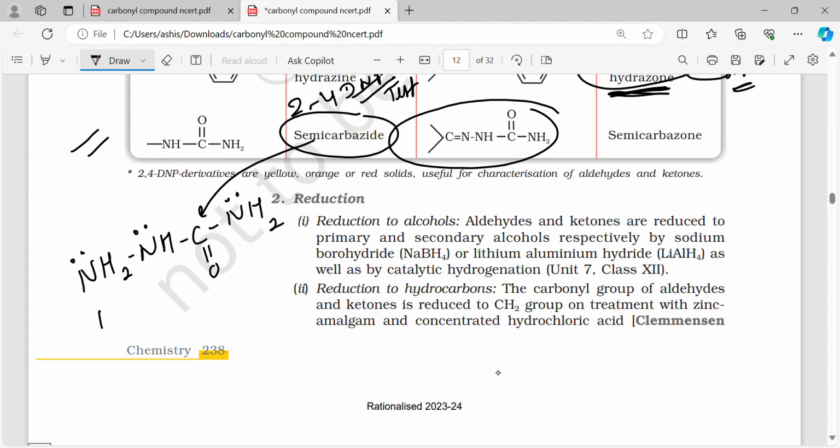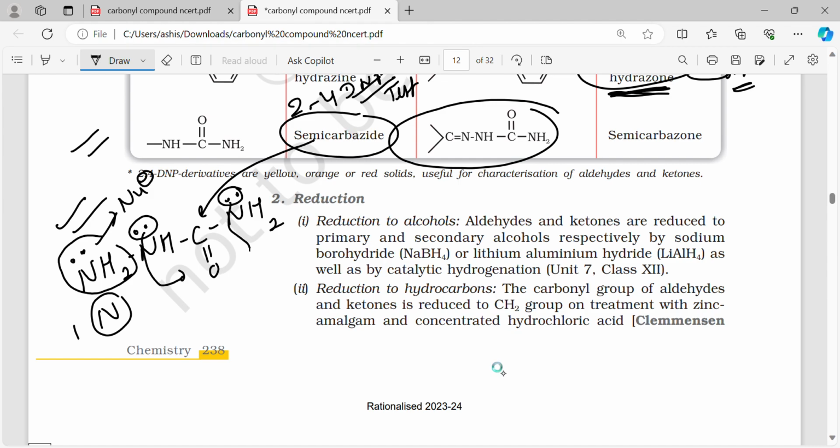When semicarbazide reacts with aldehyde or ketone, it will form semicarbazone. Here there are 3 nitrogen atoms having lone pairs. So all 3 could act as a nucleophile, but only one nitrogen atom acts as a nucleophile, and that is the terminal NH2 nitrogen. Only that nitrogen acts as a nucleophile just because these lone pairs are in conjugation.